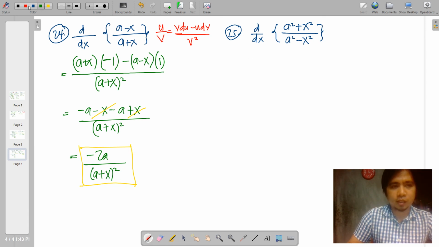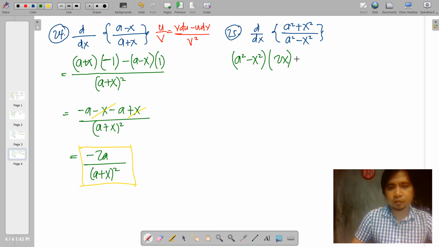So may we have the last problem now. So this is again a quotient. Just have to execute this one. So we copy v. It is a squared minus x squared. Derive u. So again, this is 0, no? So we have 2x for this. And then minus v, u dv. U is a squared plus x squared. Okay.